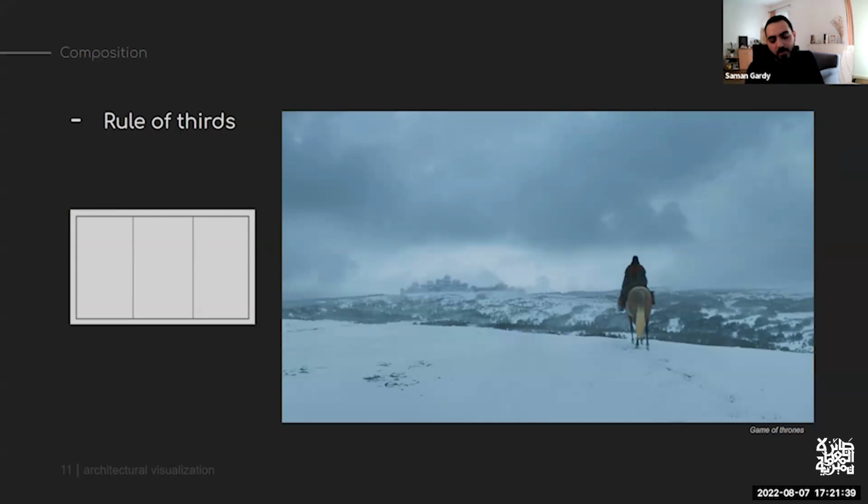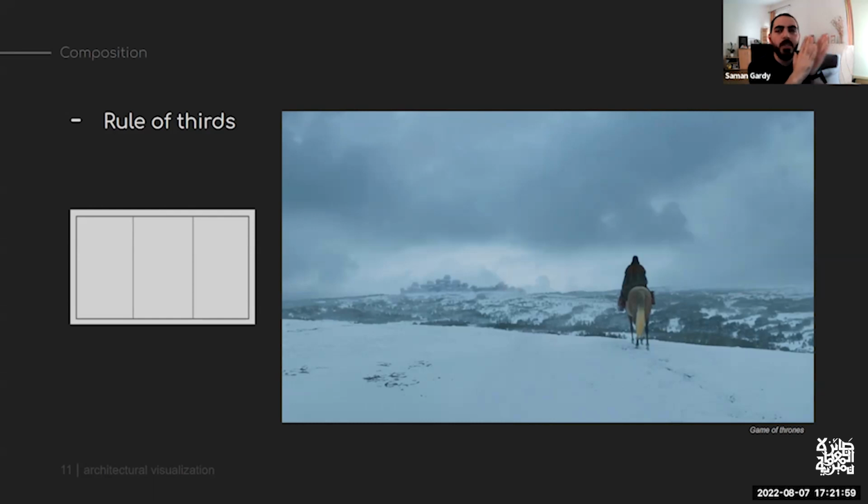I assume some of you or most of you have heard about it, because even when you are opening your phone, there is a grid which divides the screen into 9 equal rectangles. How does this method work?